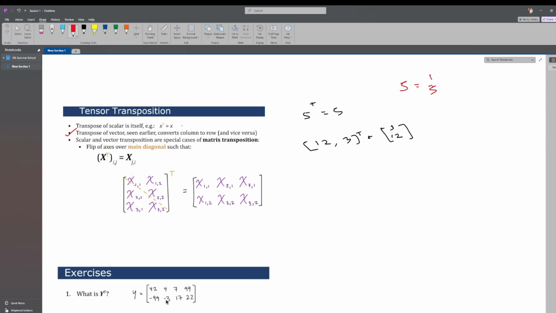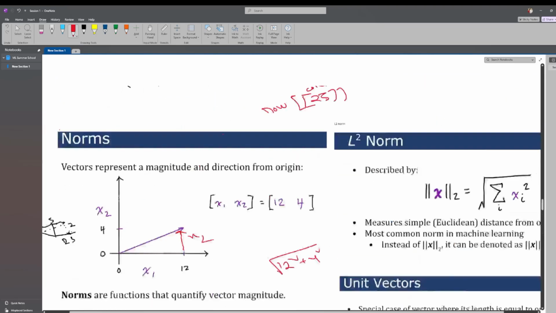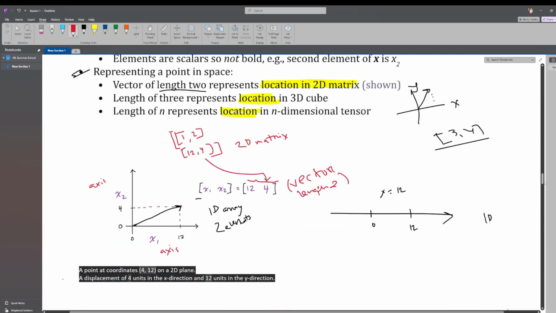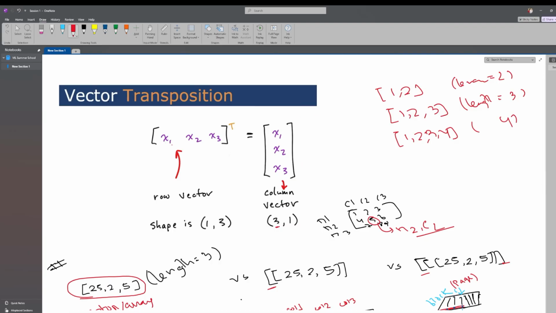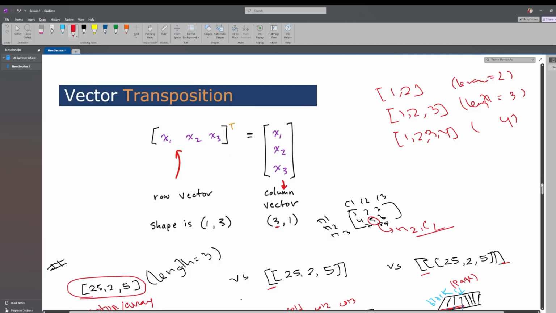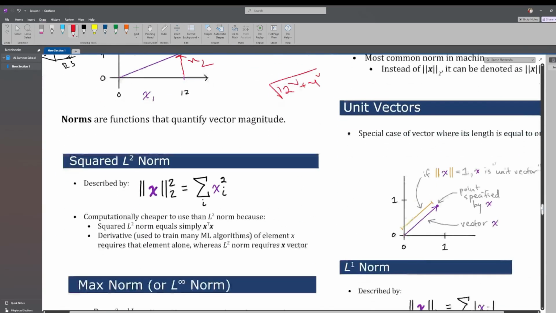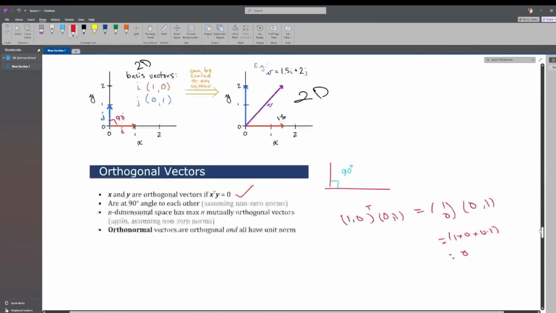So x transpose is basically x. And as we saw earlier, transposing vectors converts a column to a row and a row to a column. A row vector, if we transpose it, we get a column, and if we transpose this one, we get the row again, the same thing. But this is not enough, there's much more than that.